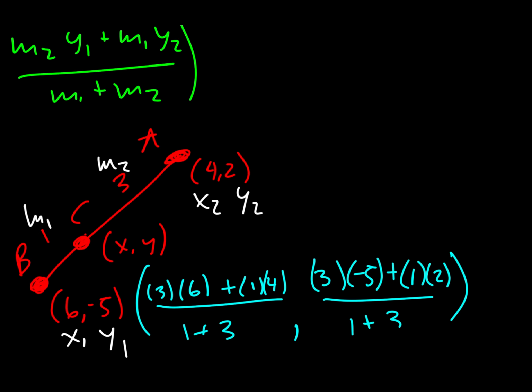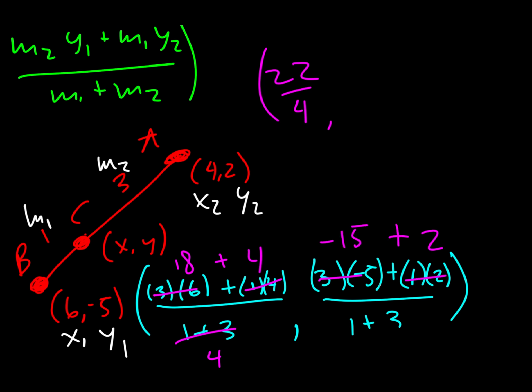Alright. That's 18, that's 4. Add those together, we get 22 over 4. We'll simplify that in a second. This is negative 15, this is 2, and this is 4.